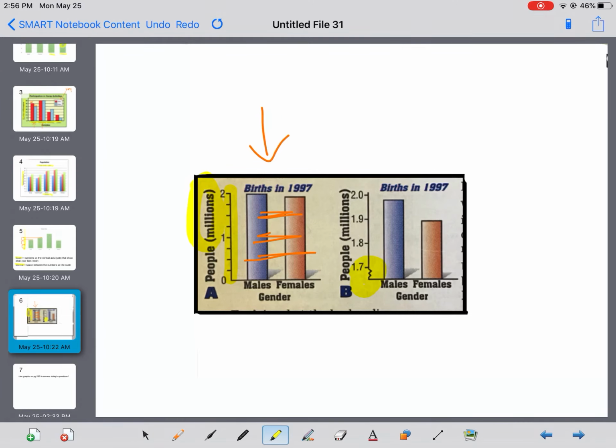So you can just draw a squiggly line, start it at 1.7 million, jump to 1.8 million, 1.9 million, and then 2 million. And that actually gives a little bit more of an accurate picture of what's happening here, right? We can see that the space here seems a little bit bigger than it did on graph A. So it gives your graph a different shape and perhaps can make it a little bit more accurate. So just be aware that that is something that can happen as well.